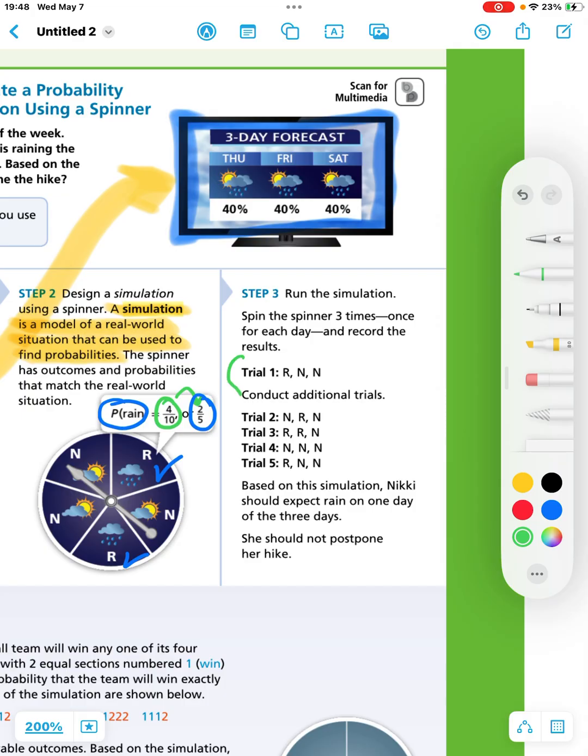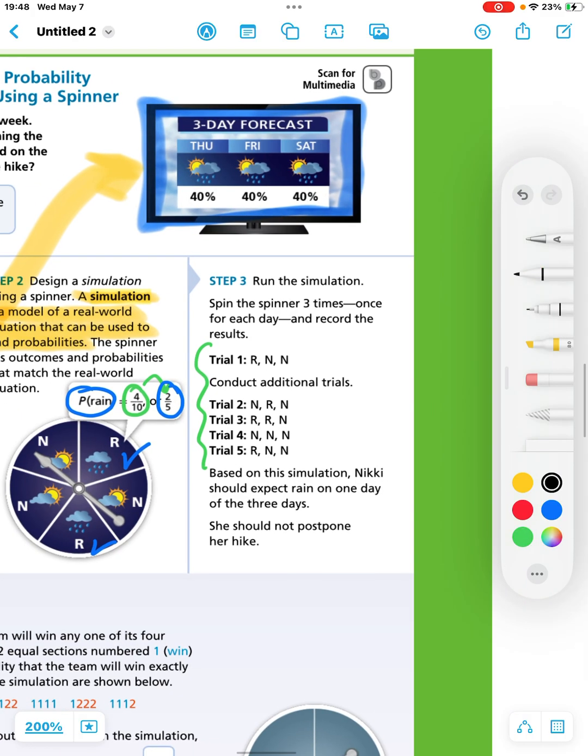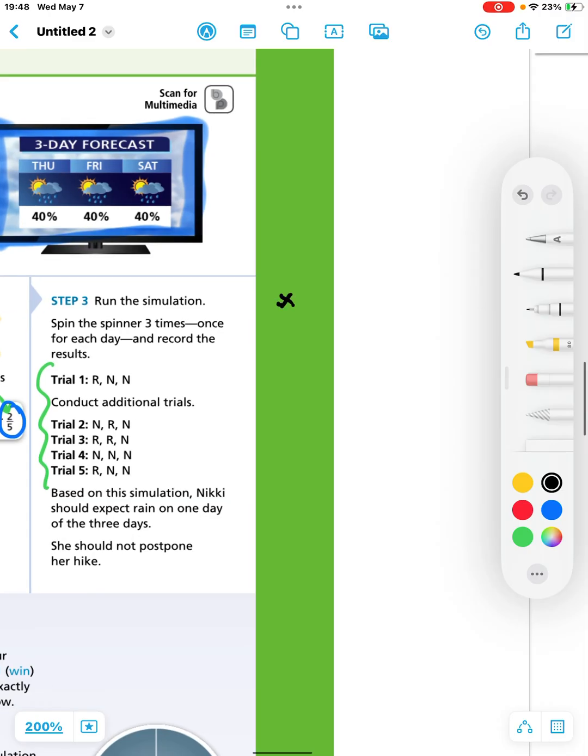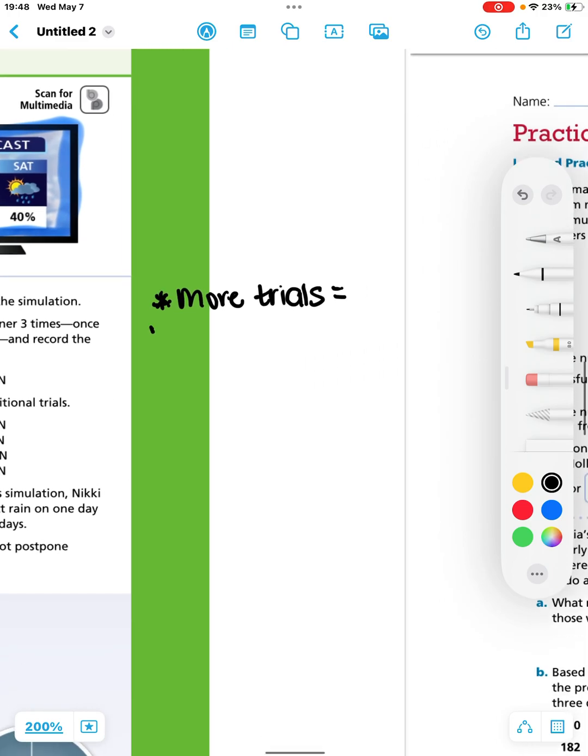And she recorded it a couple of times because the more trials you have, the more accurate the data. And I am going to write that little note off to the side. More trials equals better data, which we like. We like better data a lot.